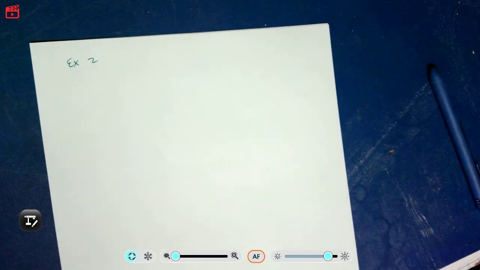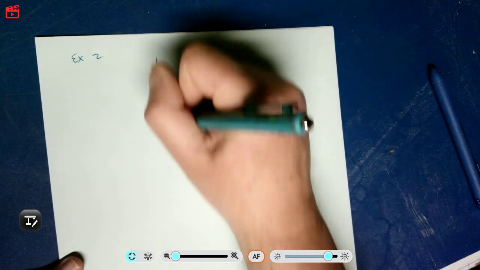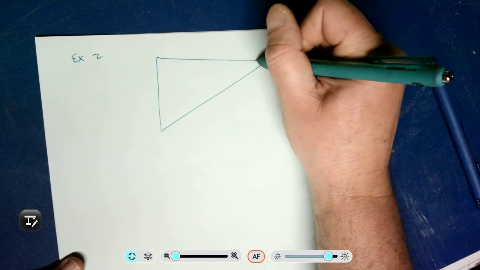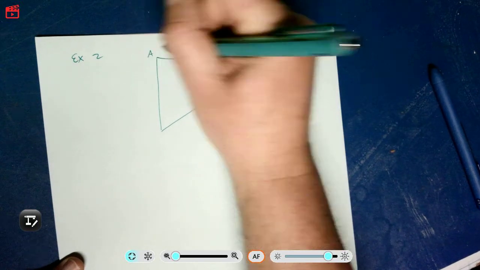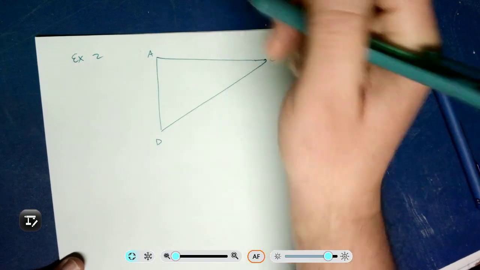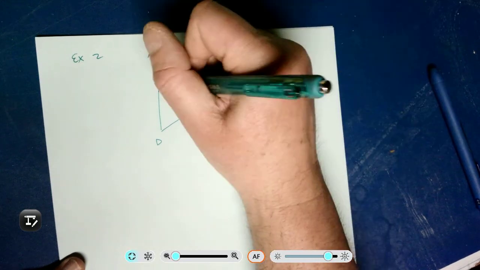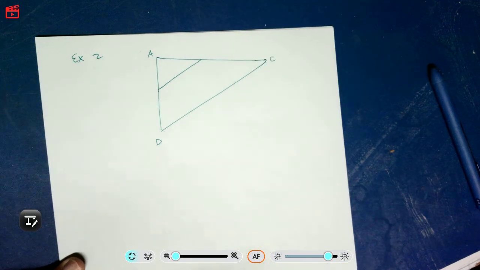Example 2. Now we have a triangle that looks like this. I'm going to call it ACD. And let's say I have a side parallel to DC that's embedded within this triangle.